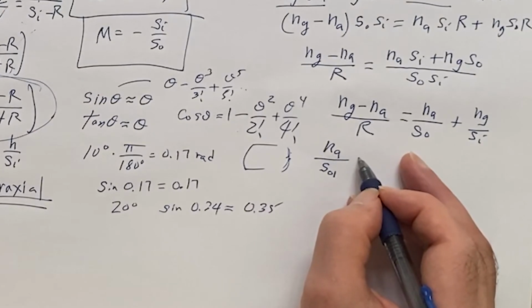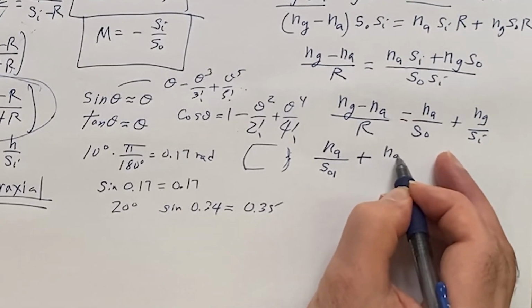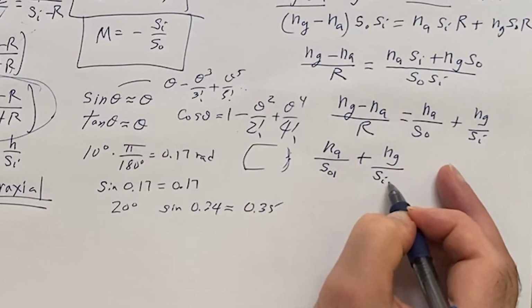So let's just emphasize that this is for the left surface, and then that's plus Ng over Si1.